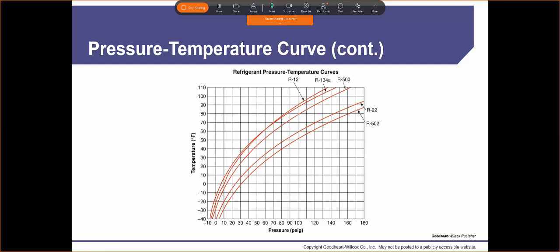Well, I go to my PT chart and look at my pressure. Let's just say my pressure is 120 and I know what my temperature is, then I know it's R22. At 70 degrees, but now my pressure drops. Well, if I'm at close to 85 or so, I know I'm an R500.